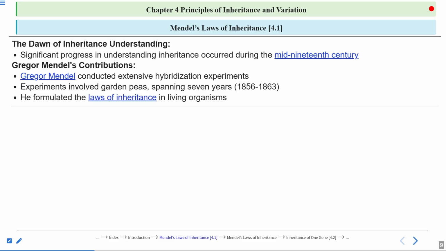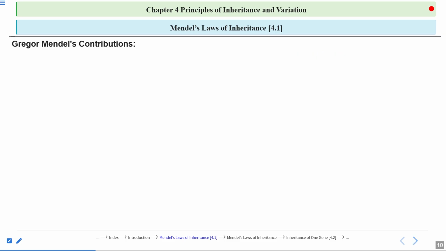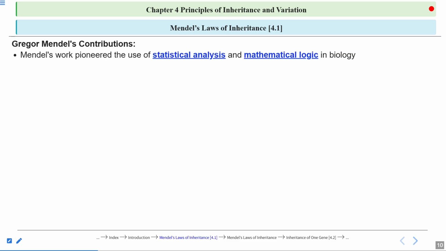And finally, he formulated the laws of inheritance in living organisms. So this means how the traits are inherited from the parents to the offspring. This was, you can say, deciphered by Mendel.